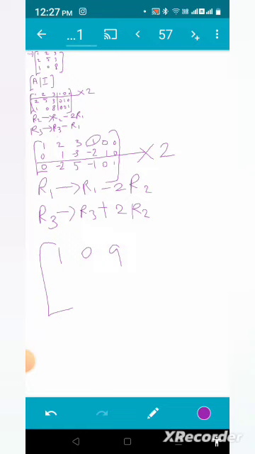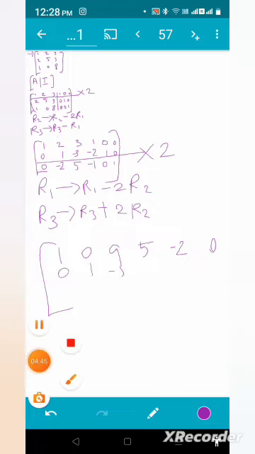Then 1 minus of minus 4, that is 1 plus 4, that is 5. 0 minus 2, that is minus 2. 0 minus 0, that is 0. Then the second row does not change: minus 3, minus 2, 1, 0.